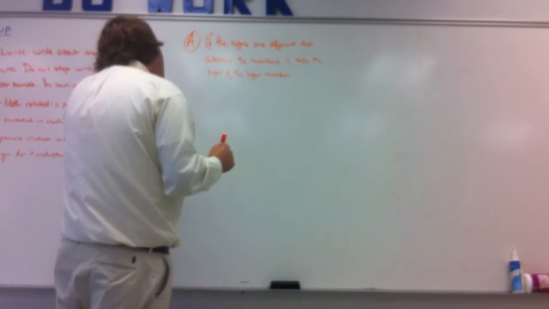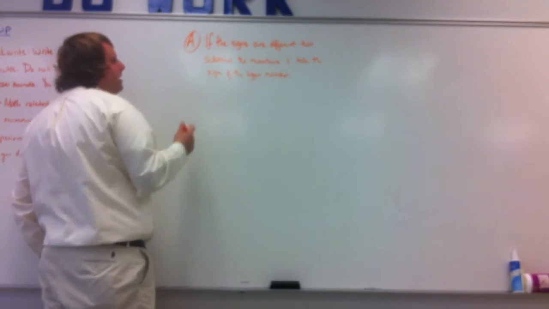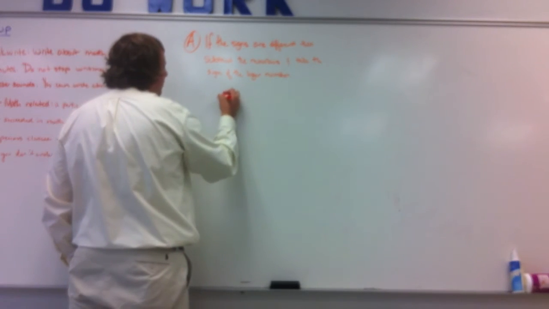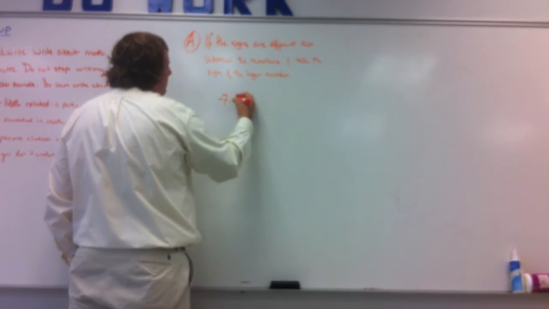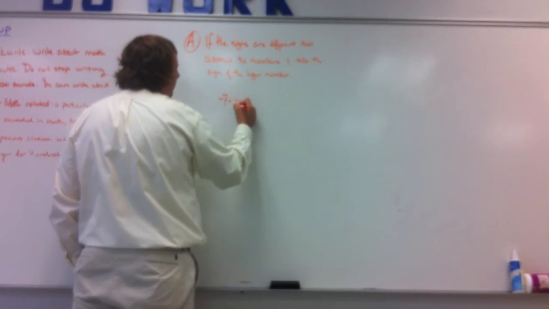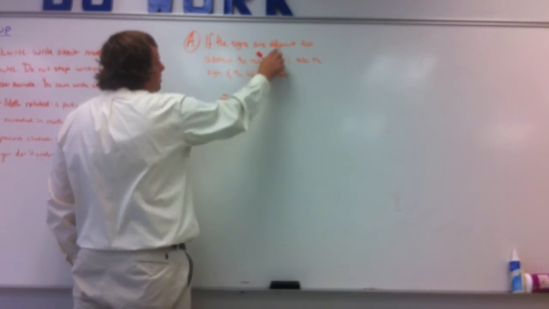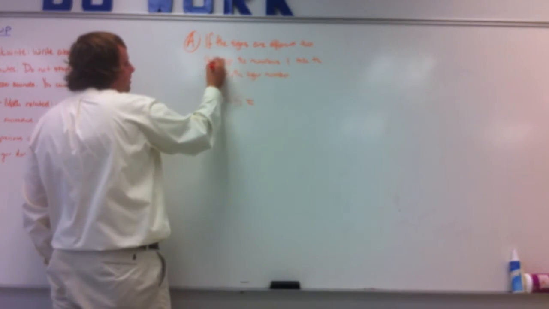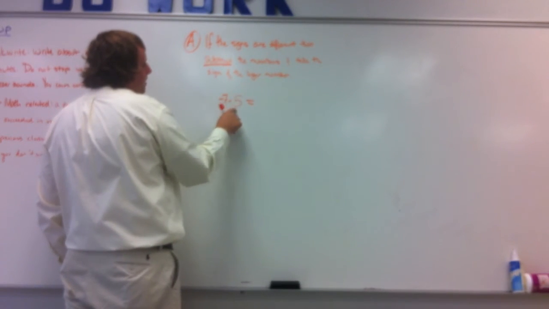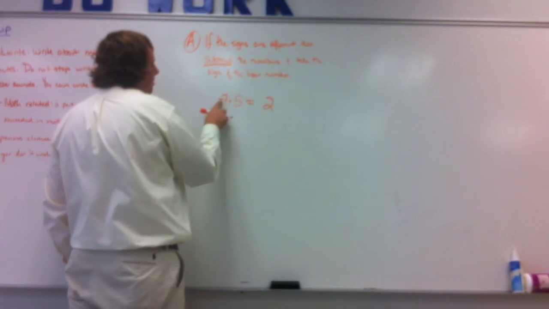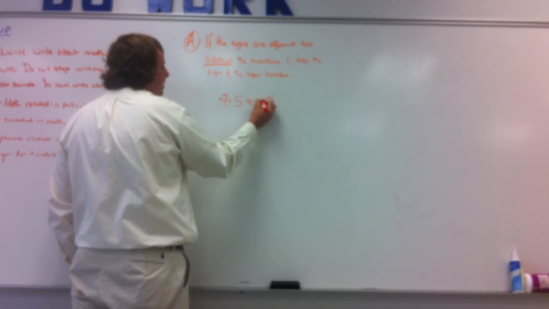So, we're talking about if the signs in front of two numbers are different and these two numbers are next to each other. So, let's say we have negative 7 plus 5. These signs are different. So, since the signs are different, we subtract. So 7 minus 5 is 2. And then we take the sign of the larger number. The larger number is 7, negative.